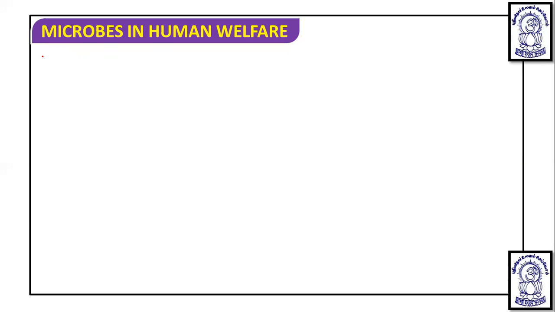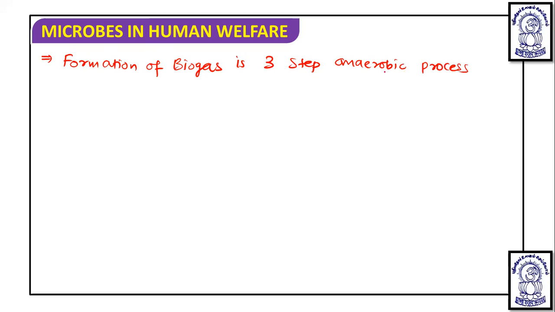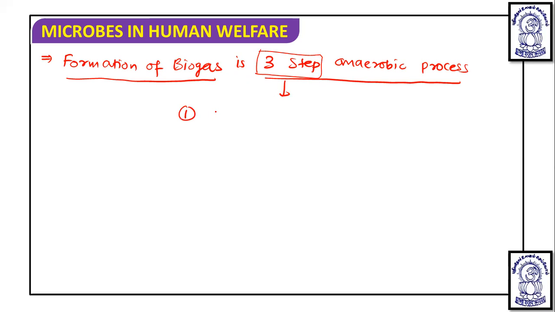So now it is known that formation of biogas is a three-step anaerobic process. Formation of biogas is a three-step anaerobic process. And if we talk about this three-step anaerobic process, these three steps involve number one, solubilization.